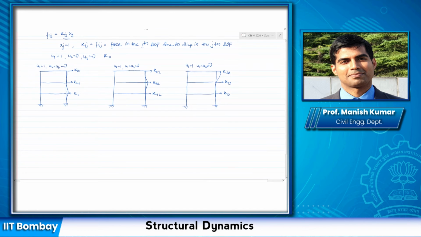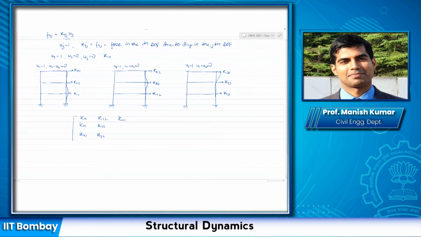Now, if you look carefully, these influence coefficients are nothing but the first column of the matrix. Okay, so K11, K21, K31, sorry, not like this, in the opposite direction, K11, K21, K31. Similarly here, it would be K12, K22, K32.